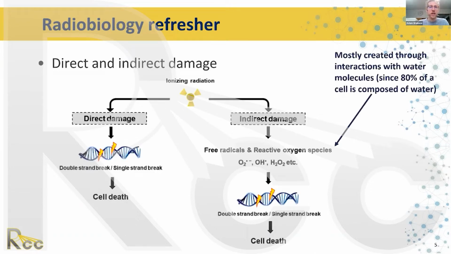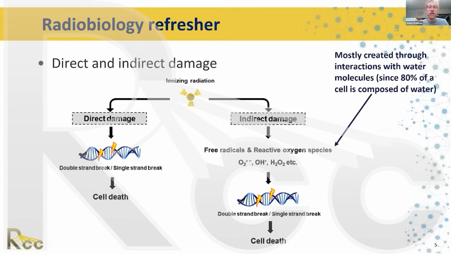And so let's talk about direct and indirect damage. You've got ionizing radiation, and so you've got photons that come in. If you think about the delivery of dose to tissue, most of that dose comes from ionized electrons, right?